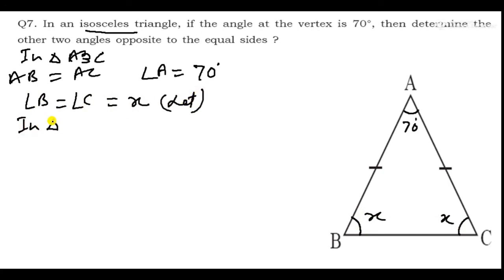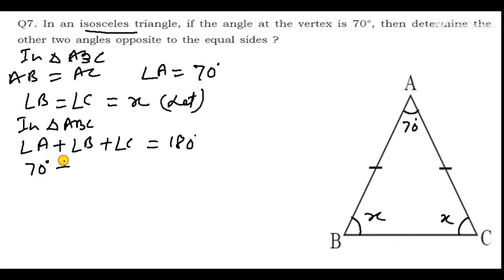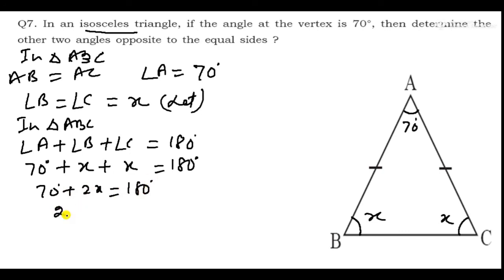So in triangle ABC, the angle sum: angle A plus angle B plus angle C is equal to 180 degrees. Angle A is given as 70 degrees, angle B is X, angle C is X, so 70 plus 2X is equal to 180 degrees.